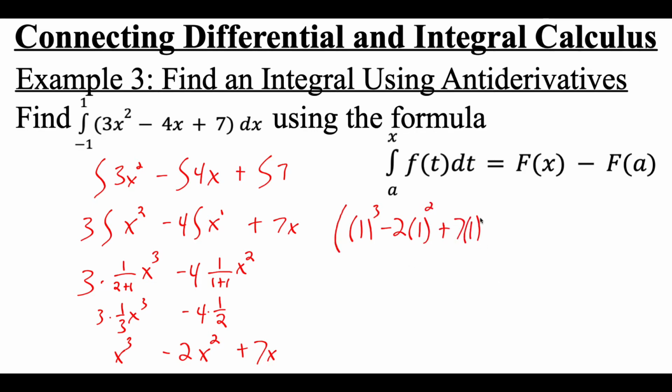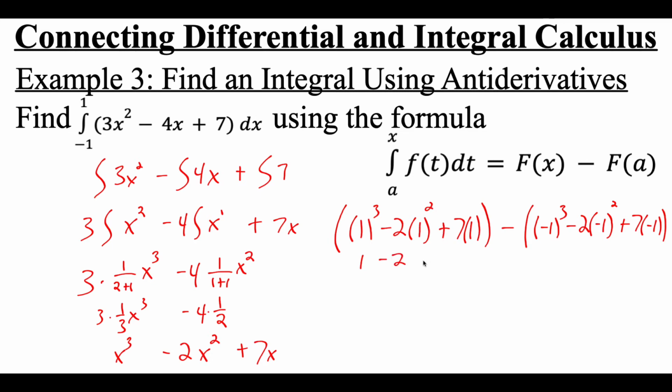So I'm going to get an answer from that, but then I'm supposed to subtract that same antiderivative with the lower value plugged in. So then this will be -1 cubed minus 2 times -1 squared plus 7 times -1. Now let's start with this first one. 1 cubed is 1. 1 squared is 1 times -2 is -2.